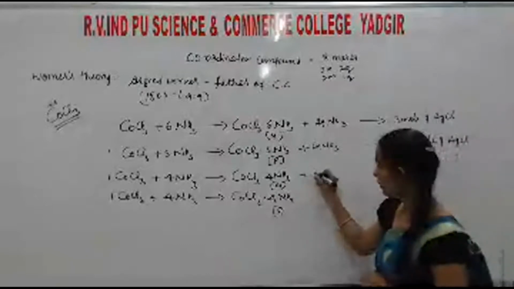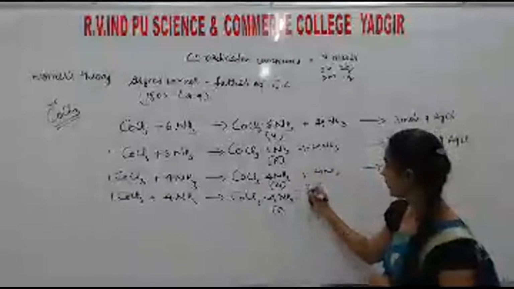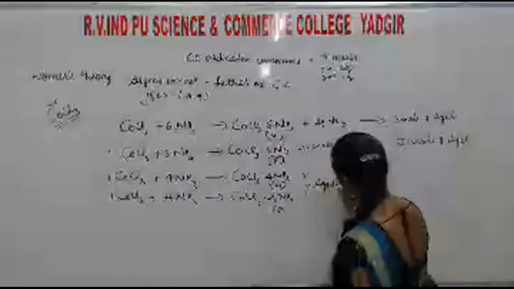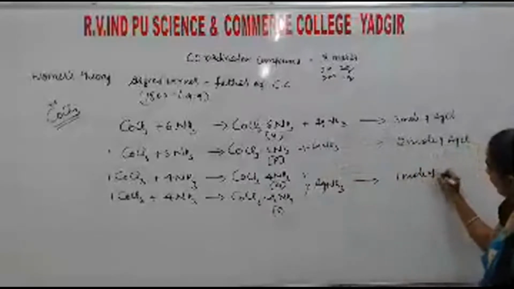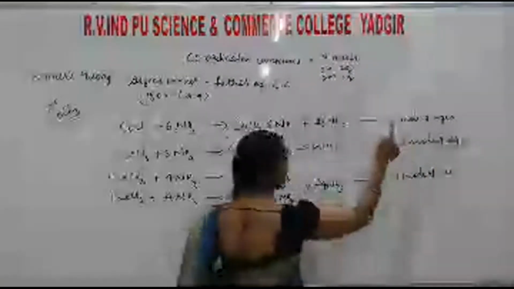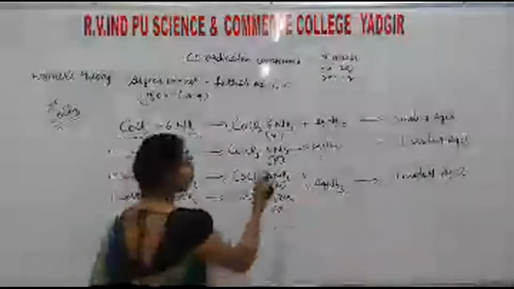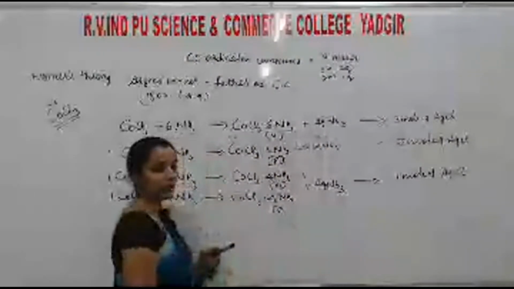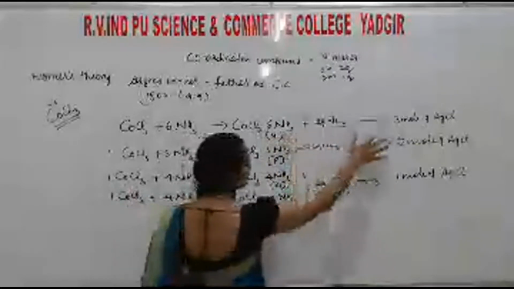For these two, I write 1 mole of AgCl. So students, here we have 3 moles of AgCl, here 2 moles, here 1 mole of AgCl. When will AgCl form? When the Cl atom present here can react with AgNO3, the NO3 displaces the Cl and forms AgCl.